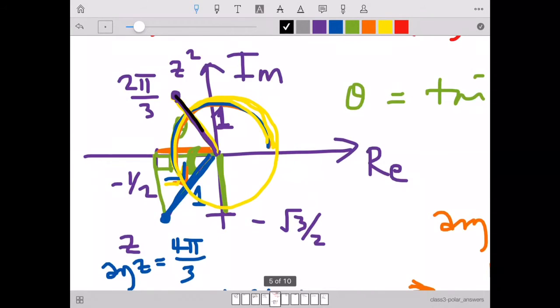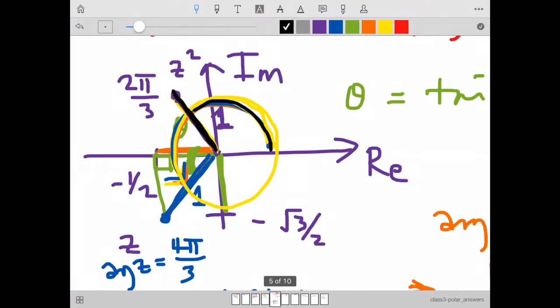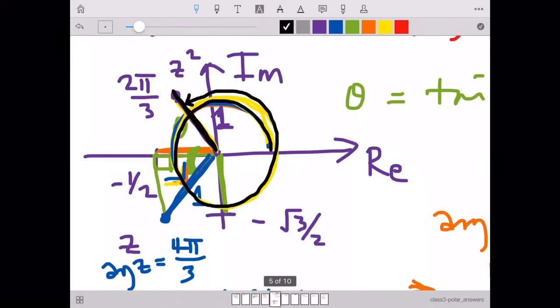Z squared has length 1, same length as Z, and it is 2 pi plus 2 pi over 3, so it ends at 2 pi over 3.